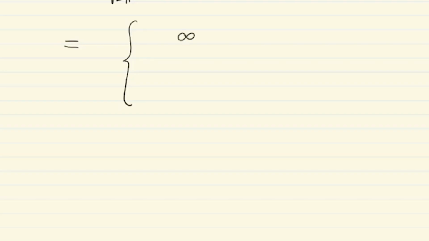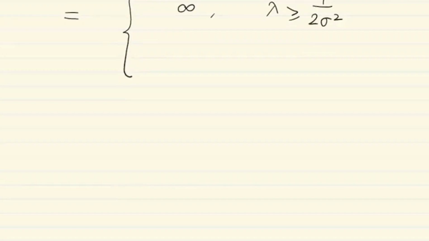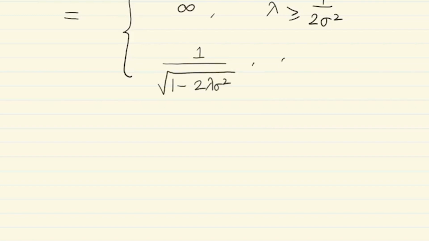So this is when lambda exceeds 1 over 2 sigma square, and otherwise you can integrate this explicitly to get 1 over square root 1 minus 2 lambda sigma square otherwise.